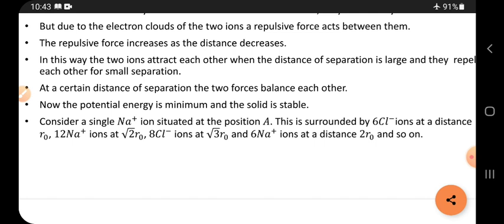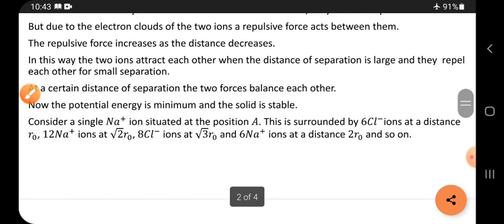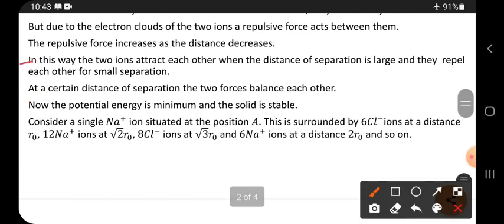In this way, two ions attract each other when the distance of separation is large, and they repel each other for smaller separation. For smaller distance they repel, for larger distance they attract. At a certain distance of separation, the two forces balance. At the beginning, when two ions are at a very large distance, attraction slowly increases.